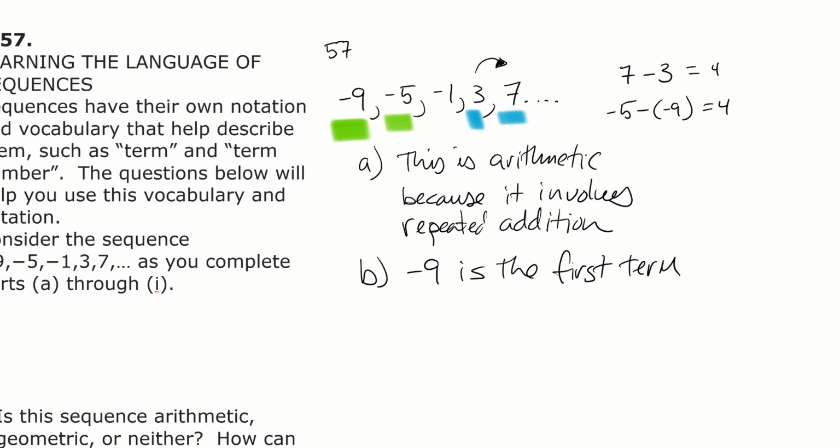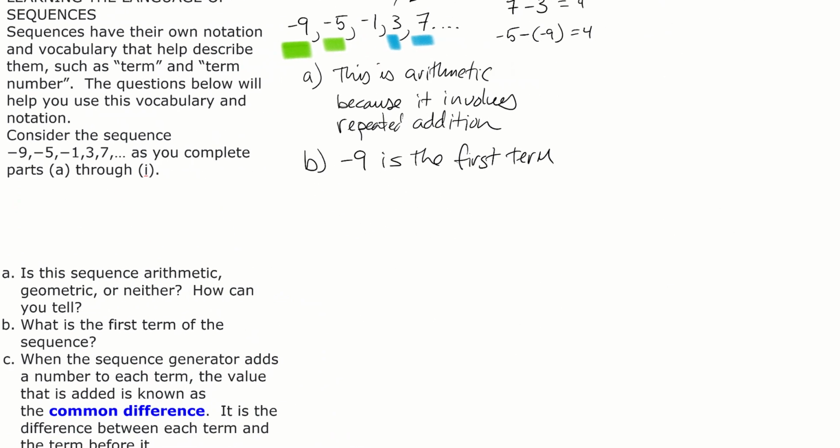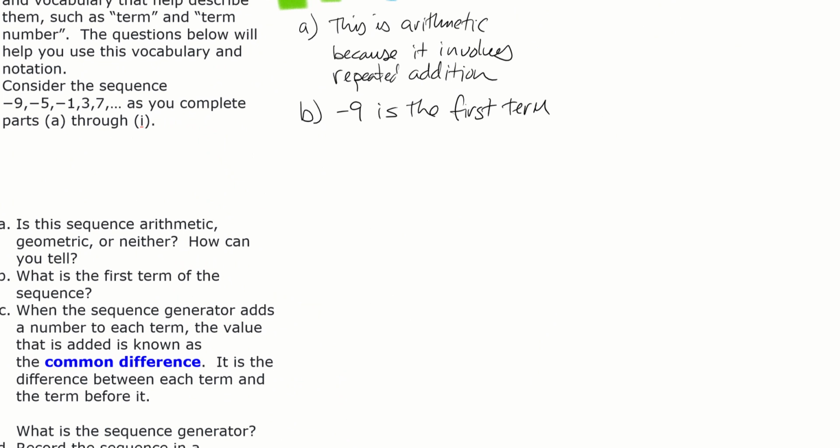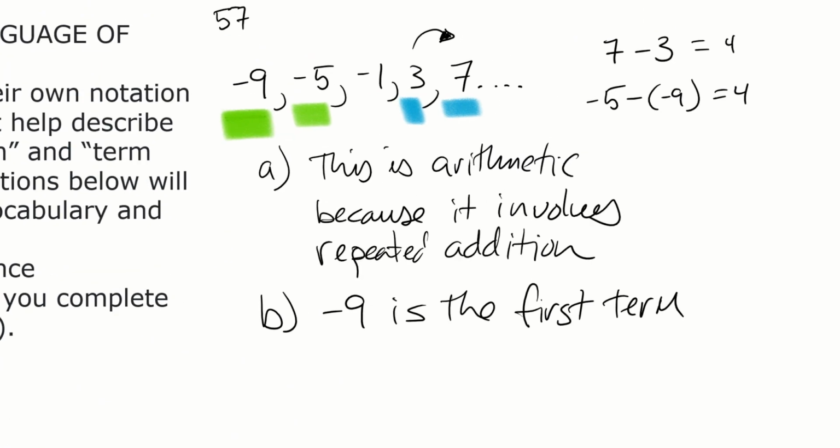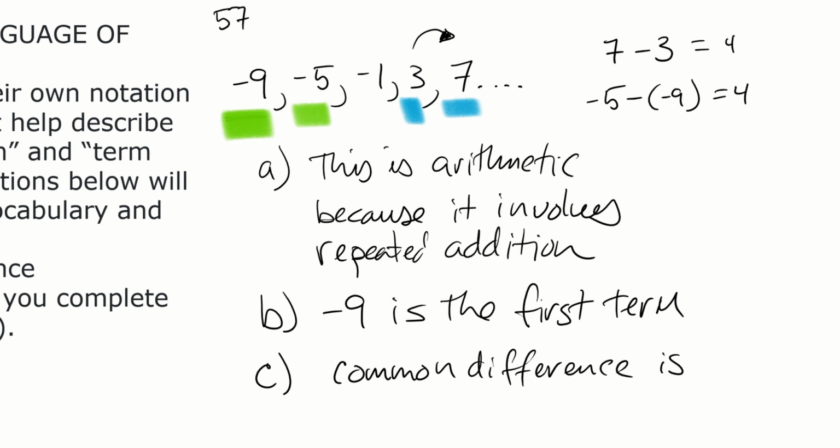This question says, what is the sequence generator? I'm going to say two things. My common difference is 4, and the generator is add 4.